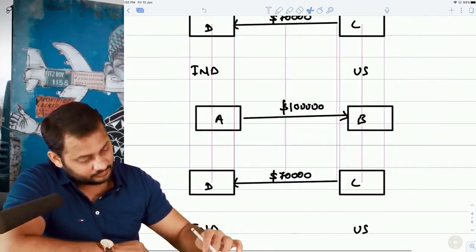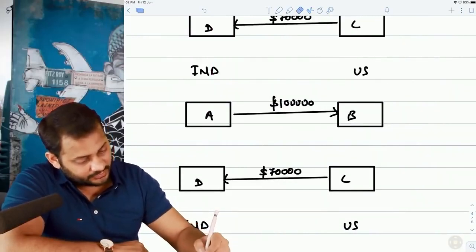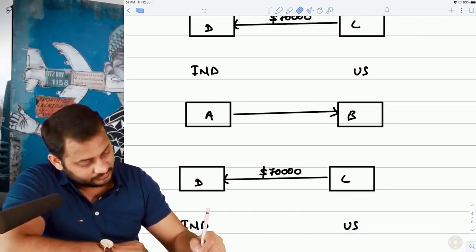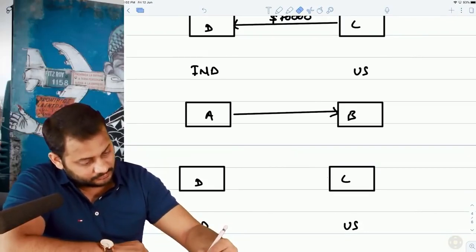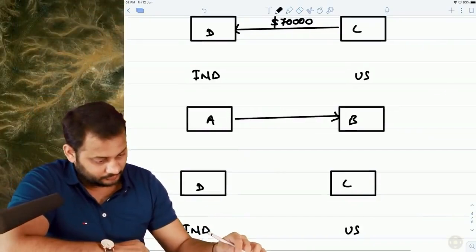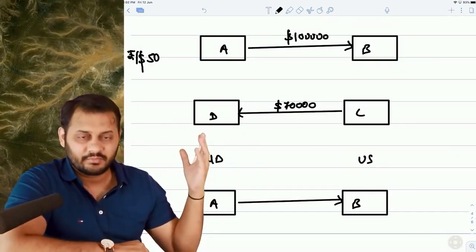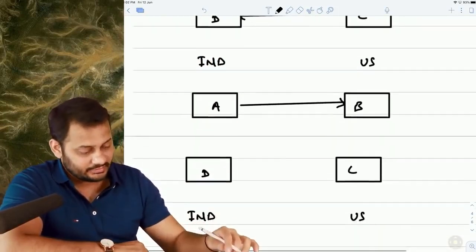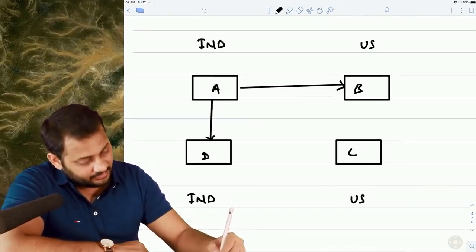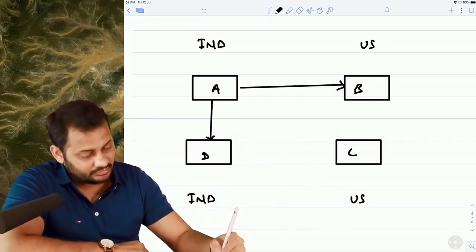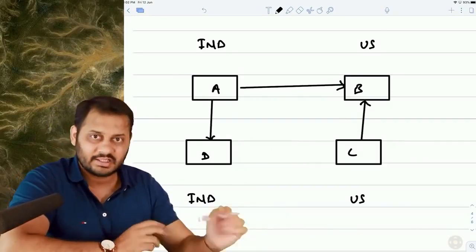Have a look. What I am going to do right now is, C has to make a payment to D. And what I will do is, in India, A will make a payment to D and D will ask C to make a payment to B. So first of all, the transaction is happening in their own country.